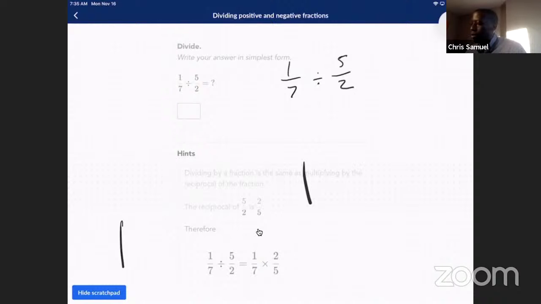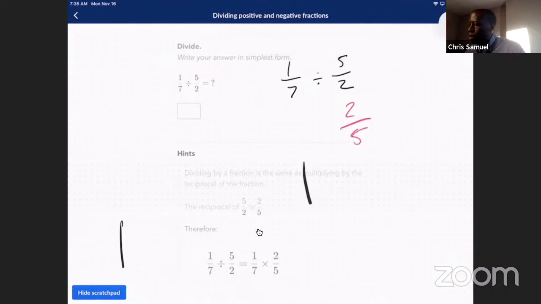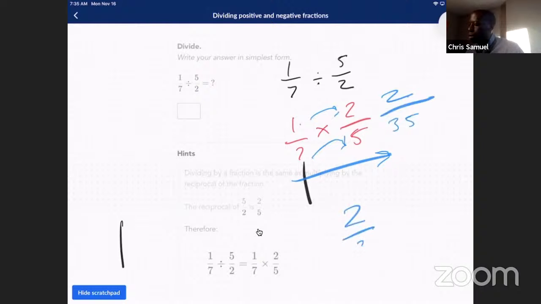We flip the divisor, and then we just solve like normal. We have 1 times 2 is 2, and 7 times 5 is 35. And you basically have 2 over 35.